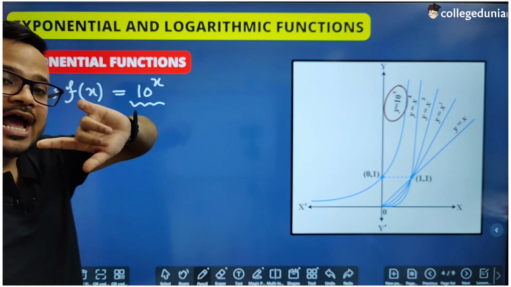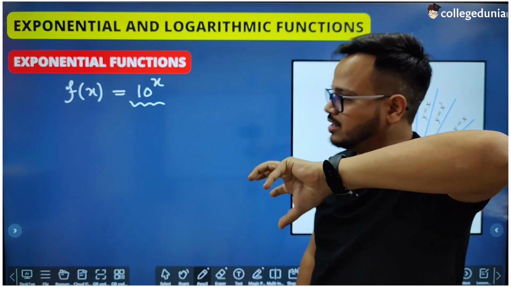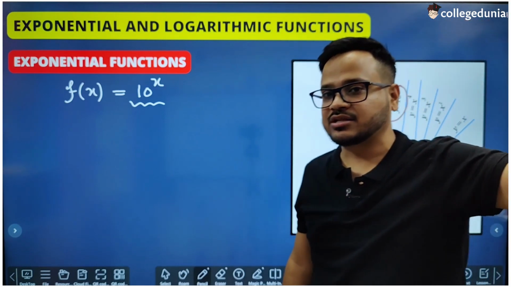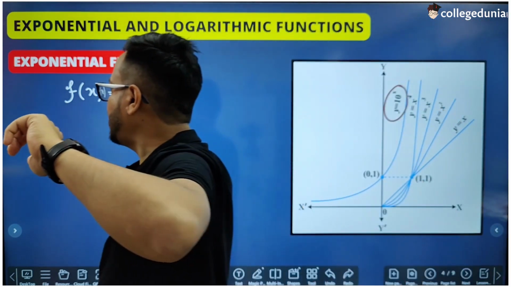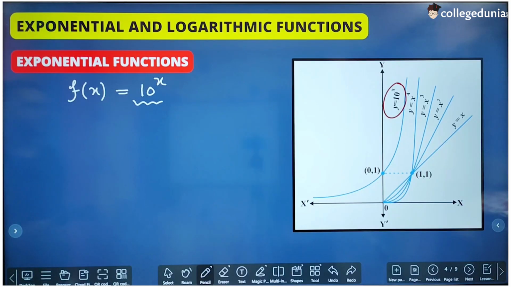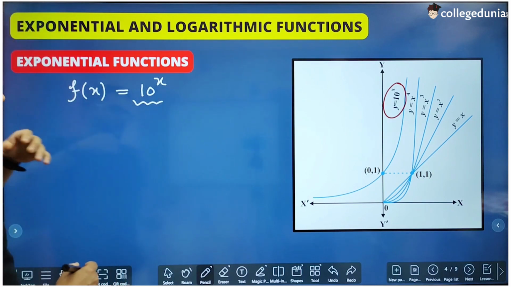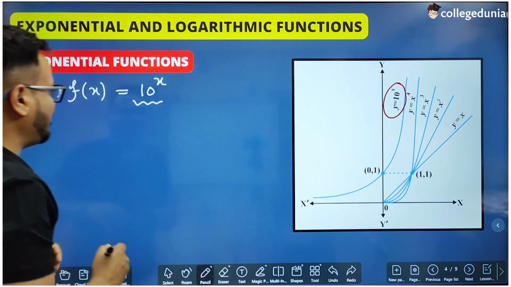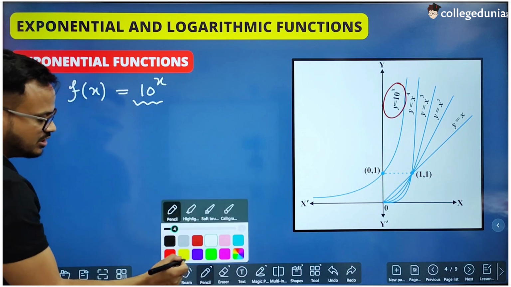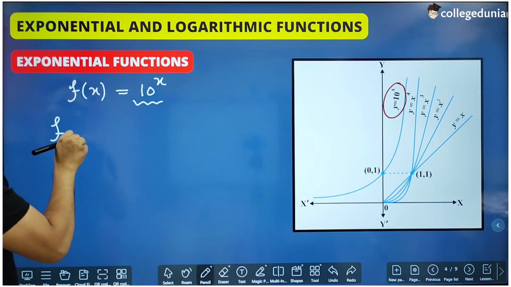When the base is a natural number or a real number and the exponent is x, such kind of functions are called exponential functions. We can clearly show that this is increasing more rapidly than the polynomial function for larger values of x.